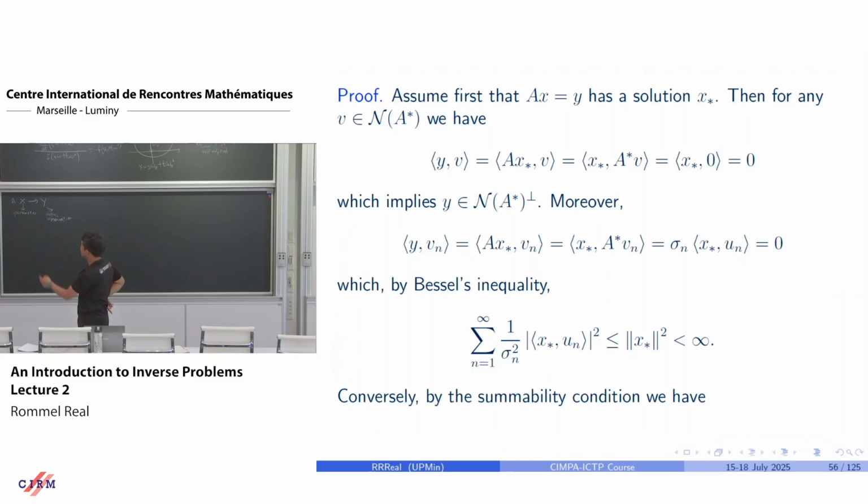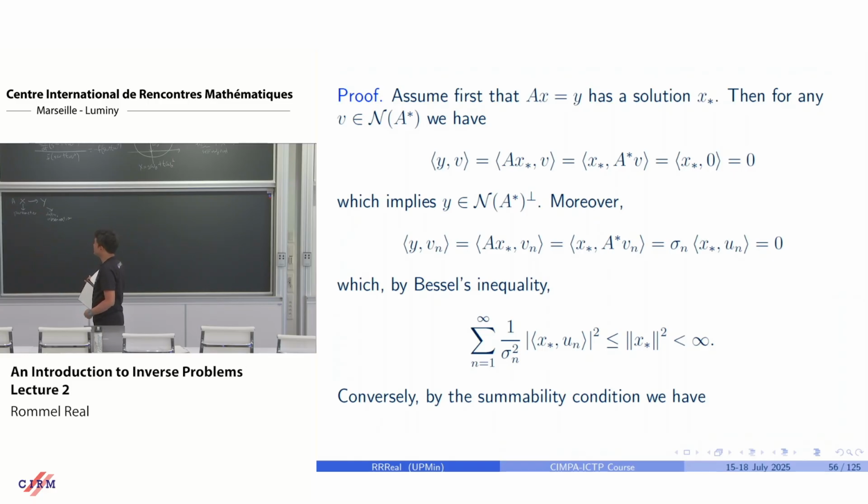Now let's consider a compact linear operator between two Hilbert spaces X and Y with a given singular system, sigma n, v n and u n. Then the equation Ax equals y is solvable if and only if y is in N(A star) perp, that's the orthogonal complement of the null space of A star, and more importantly, this infinite sum here is bounded, which is in terms of the singular values and the v sub n's.